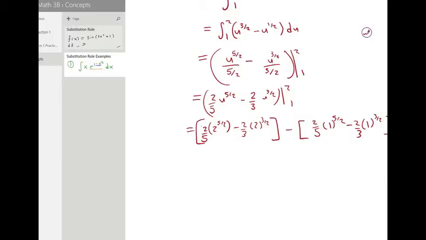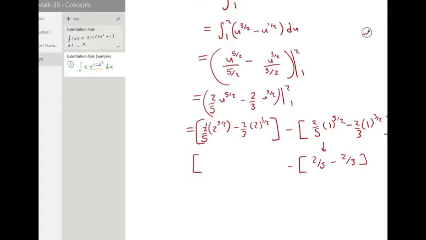Now 1 to the 5/2 and 1 to the 3/2 are just 1. So this is just going to be 2/5 minus 2/3. And 2 to the 5/2, we can't really do anything with it because the square root of 2 is not a natural number.